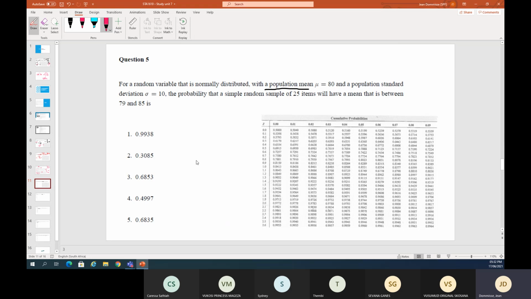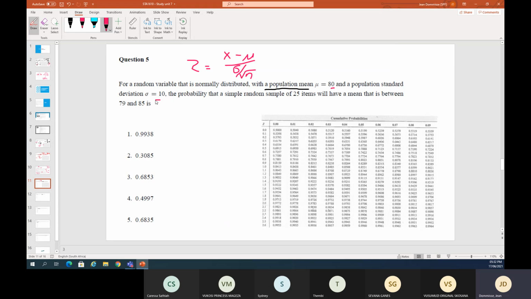Okay, so I think the last one on population mean. So let's again look at the information with a population mean equal to 80. So we need to look at the Z. That is the population mean, so we have that.